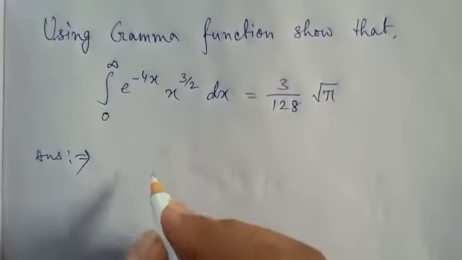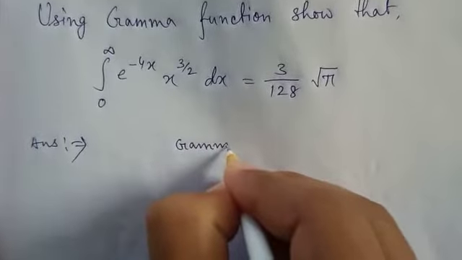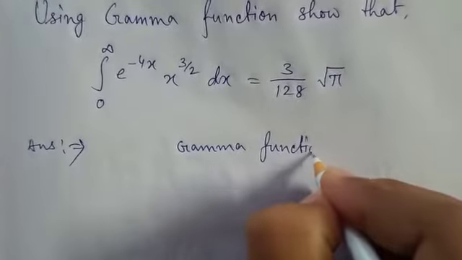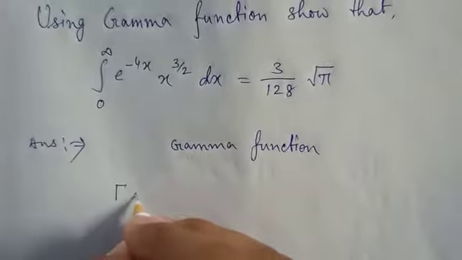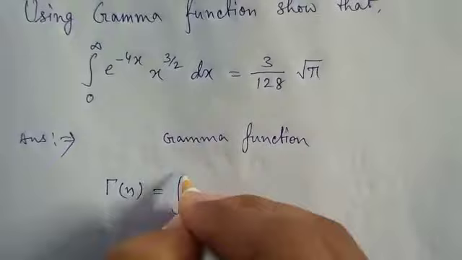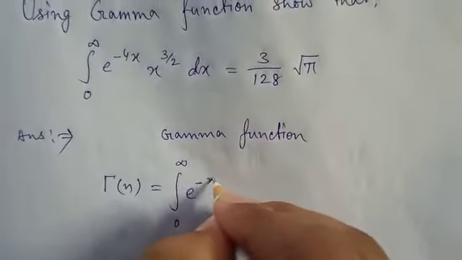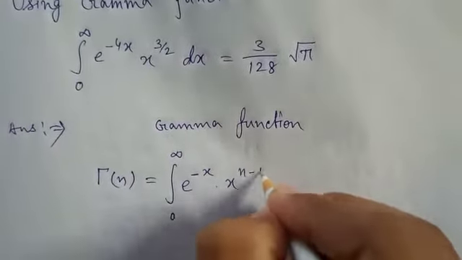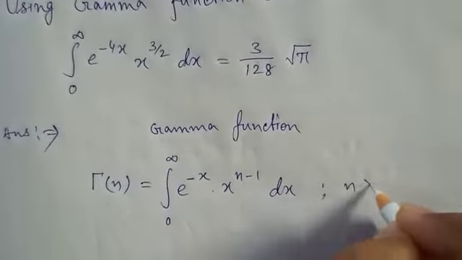Now we know that the gamma function, that is gamma of n, is equal to the integration from 0 to infinity of e to the power minus x into x to the power n minus 1 into dx, where n is greater than 0.